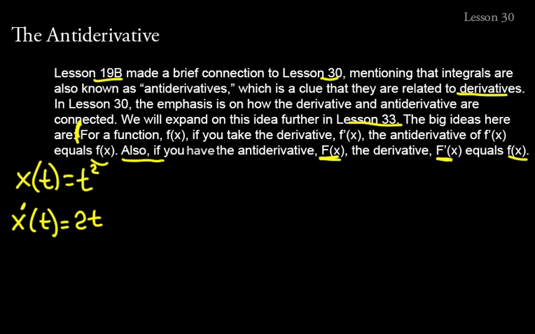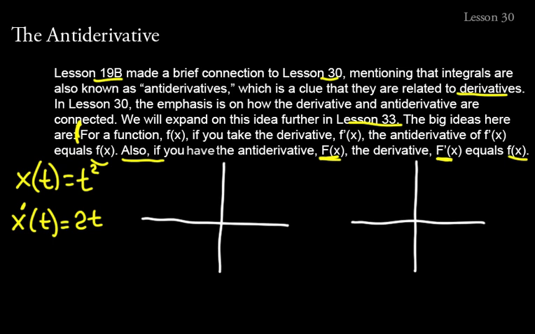We could graph both of those with respect to time. So here, let's say this is time, and the dependent variable is x of t, the position with respect to time. The other one, we'll say this is time, and then this is x prime of t, the rate.